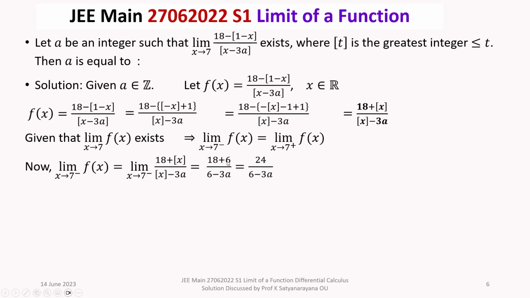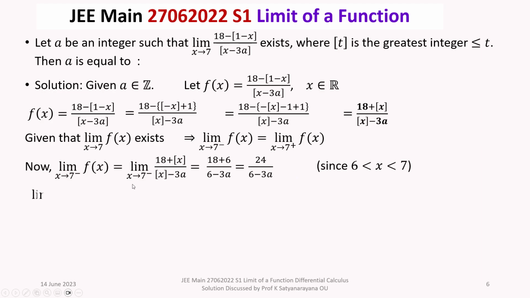So 18 plus 6 by 6 minus 3a. Why is it so? Because x is less than 7. Therefore, the greatest integer less than or equal to x will be 6. So 18 plus 6, 24 by 6 minus 3a.